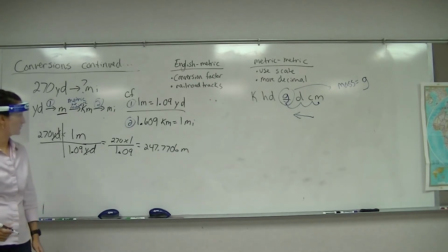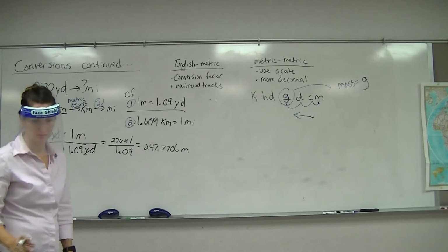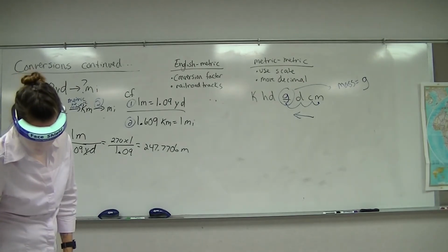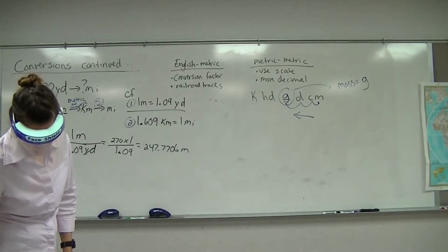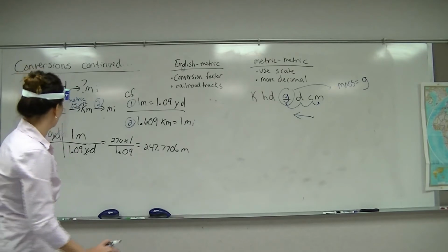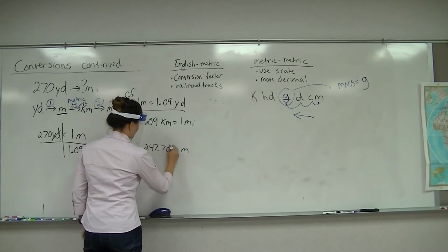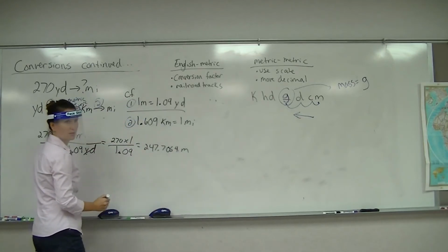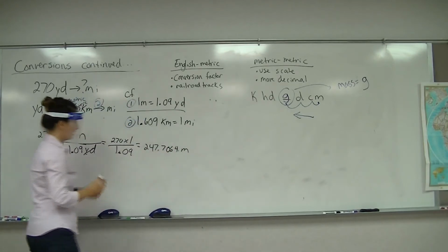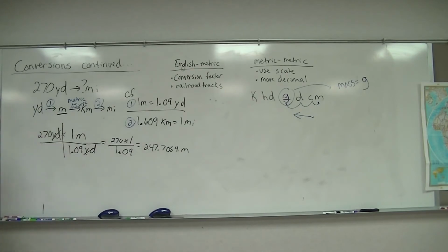Could be. I could have entered it wrong. I think it's 706. 270 divided by 1.09? 7064, thank you. Is that what you meant? Yes. Okay, thank you.